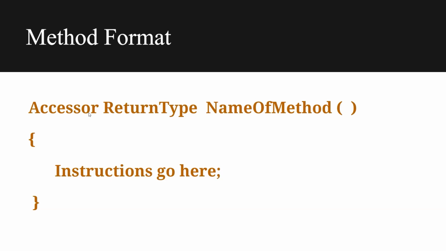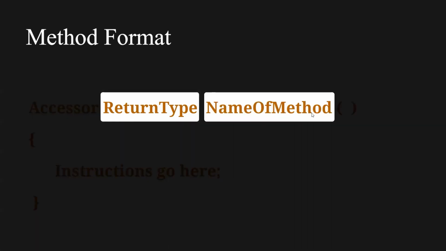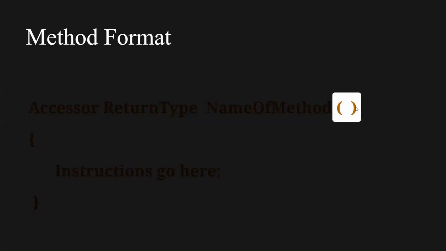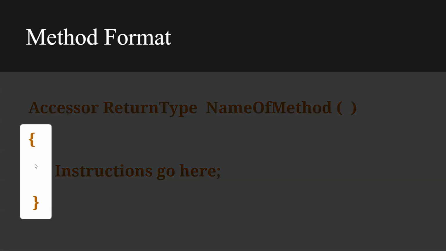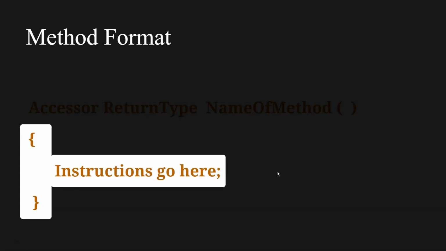You won't always have to list the accessor, but the return type and the name of the method are required. You also have to have parentheses, even if there's nothing there. You have to have the two curly braces, that is the beginning of that method and the end of that method, you could say, and then the instructions that go in the middle.